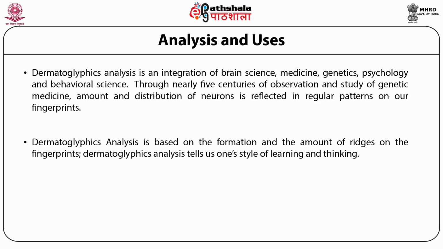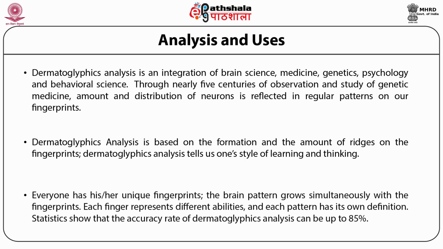Dermatoglyphic analysis is based on the formation and the amount of ridges on the fingerprints. Dermatoglyphics analysis tells us one's style of learning and thinking. Everyone has his or her unique fingerprints. The brain pattern grows simultaneously with the fingerprints. Each finger represents different abilities, and each pattern has its own definition.